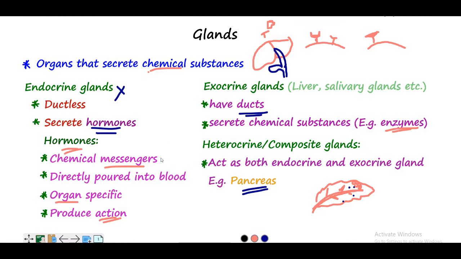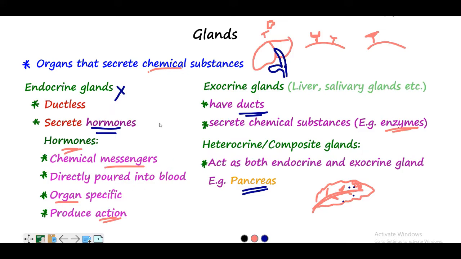It has to be a chemical that carries a message through the medium of blood to a specific organ to produce an action. So these are called hormones.